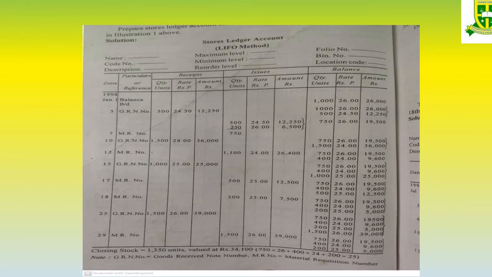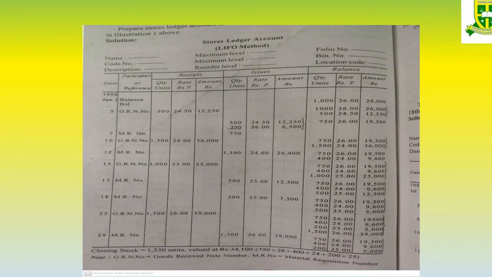The LIFO stands for last in first out method. In first in first out method, whatever we purchased first, we used the material first. Likewise, in last in first out method, whatever you purchased last has to be sent first. For example, you may purchase on date 1, 2, 3, 4, 5.